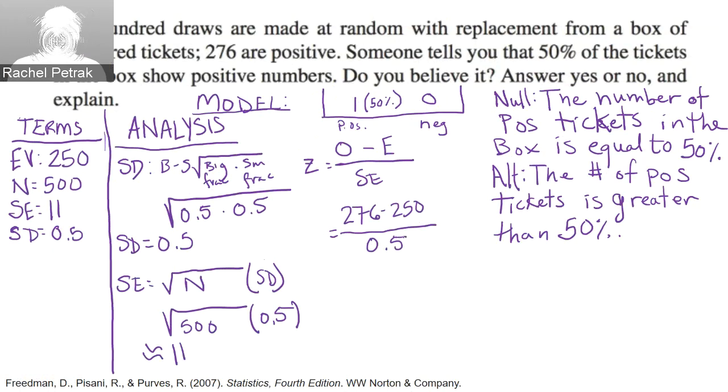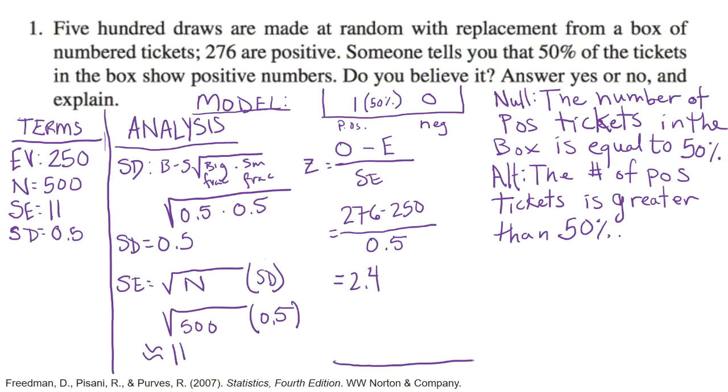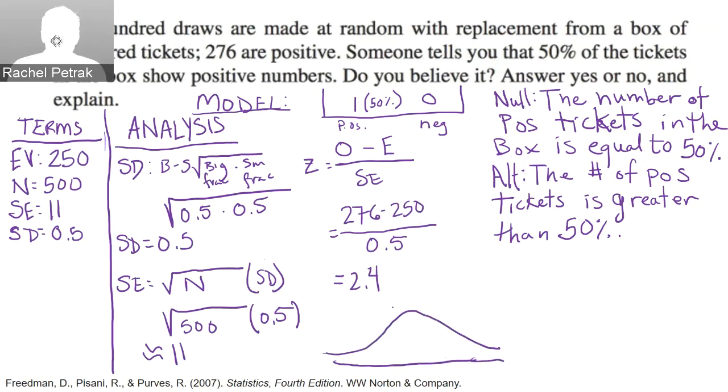When you work this out, we end up with an observed number that's 2.4. Our z-test is 2.4. So that tells us it's 2.4 standard errors above the mean.